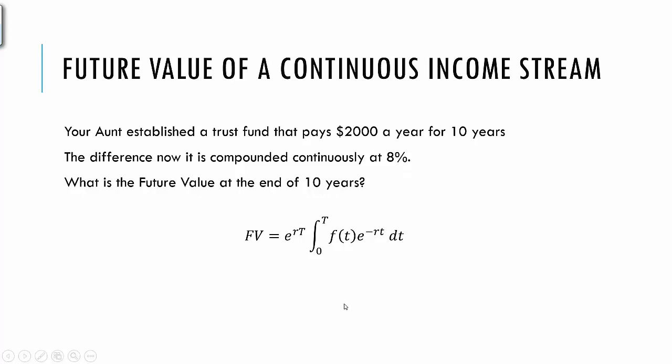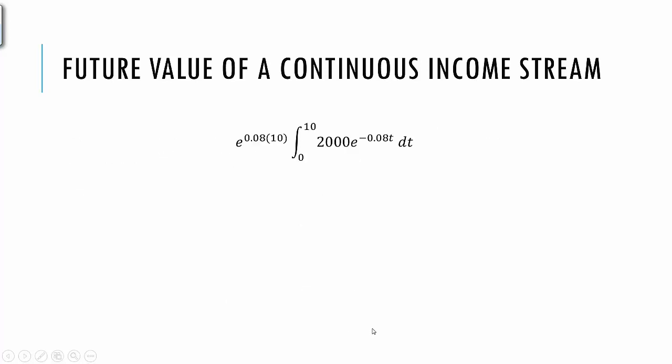So here's my formula, and I plug in all my pieces. My interest rate, r, is 8%, so that gets plugged in. Big T is at the end, so at the end of 10 years, 10 gets plugged in. Little t is my variable of integration, so you leave that one and don't plug anything in.